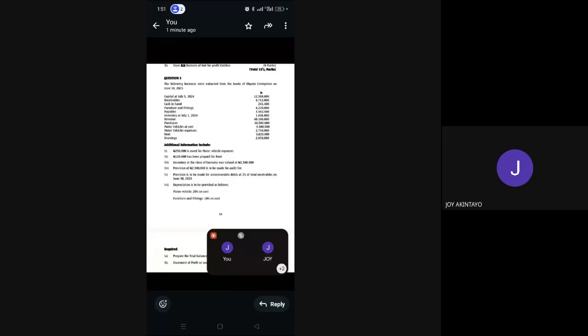How will you classify your receivables? You know, I've explained all these things before. How will you classify your expenses?